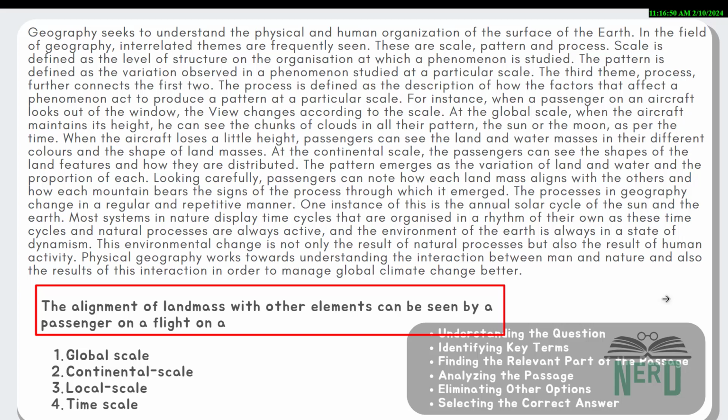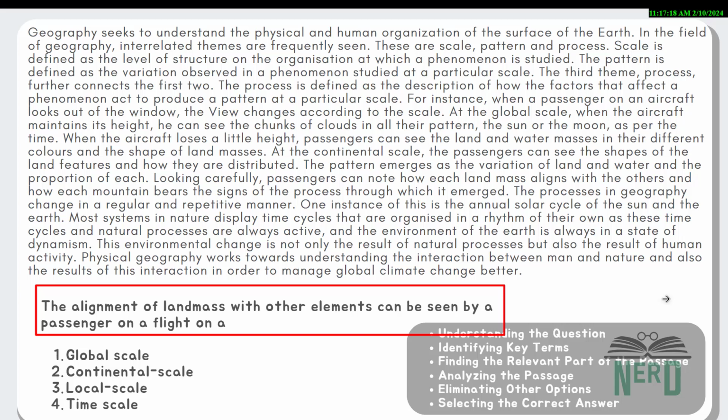In that question we found the key terms: alignment of landmass with other elements, and seen by a passenger on a flight. So we have two key terms, right? These guide us to look for a part of the passage that talks about the views from different altitudes or scales, right? So now our next step is finding the relevant part of the passage, right?